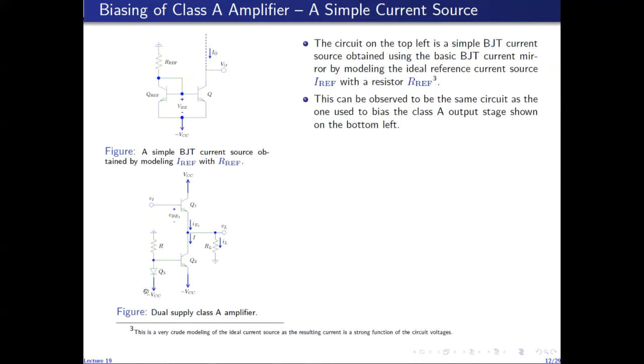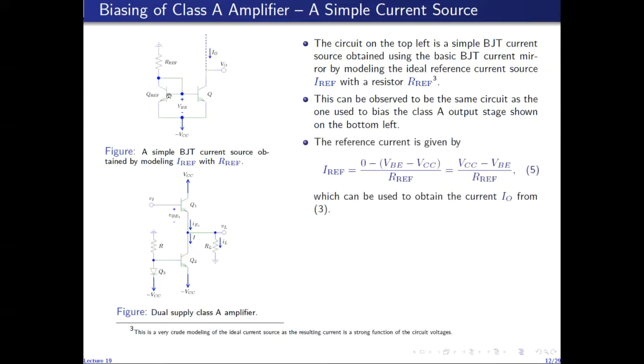You can see that this part is actually this part, and the dotted line represents this load here, which is Q1 connected in a common collector configuration. This portion of the circuit acts as the load to the current source, which is made up of this portion of the circuit, in which Q3 is this diode connected transistor.